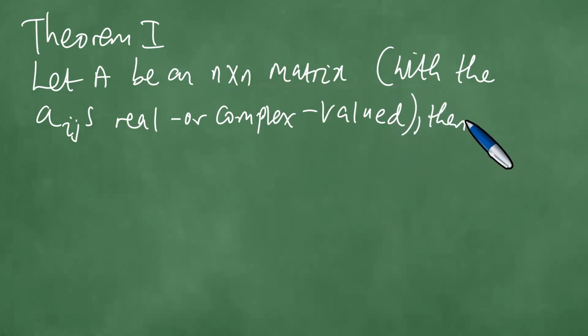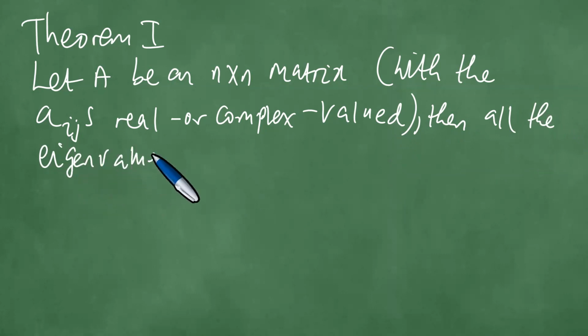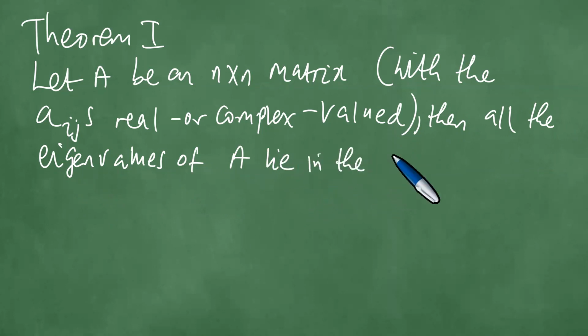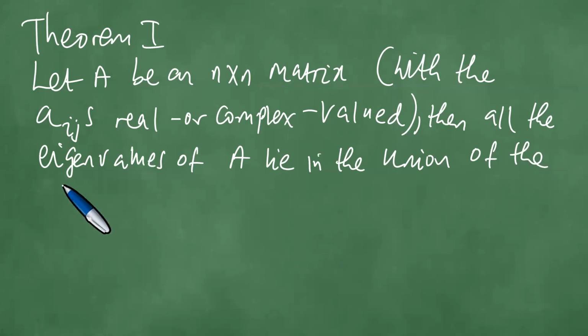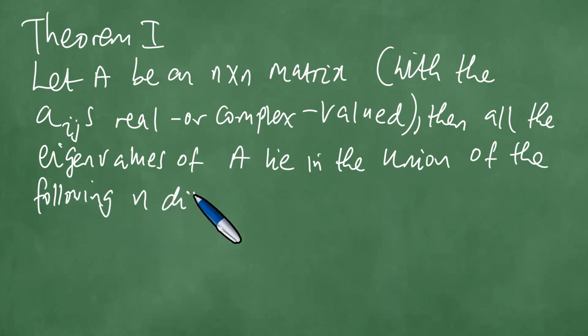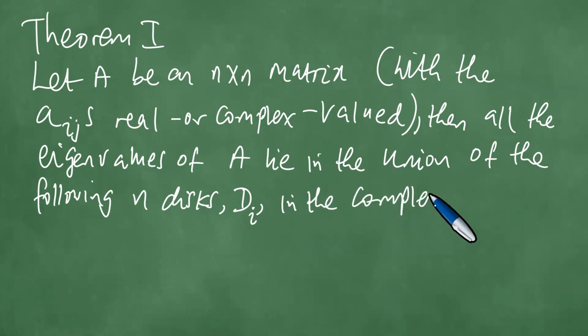Then all the eigenvalues of A lie in the union of the following n disks D_i in the complex plane.